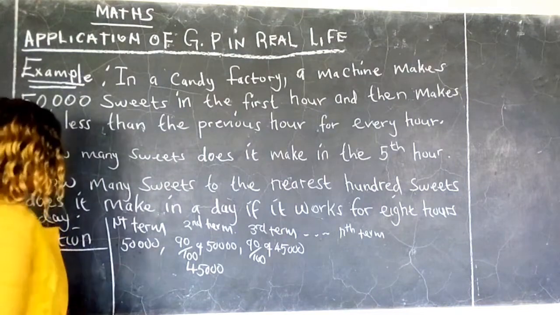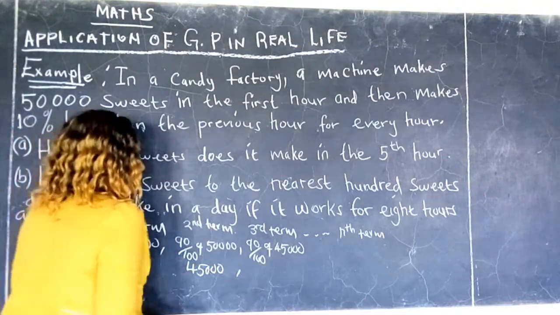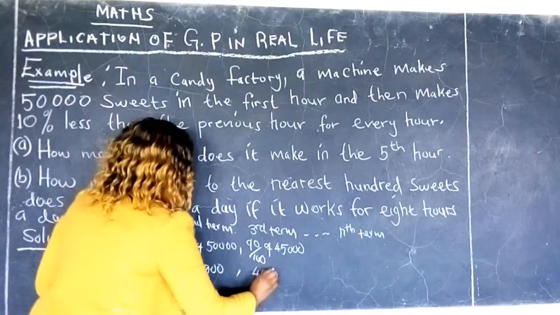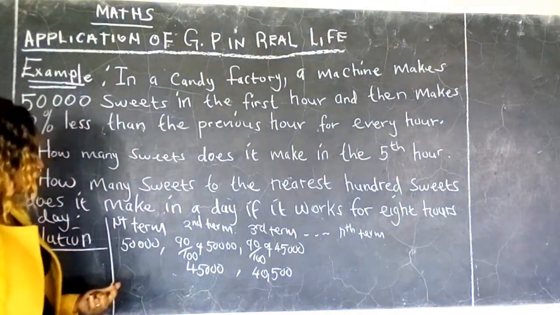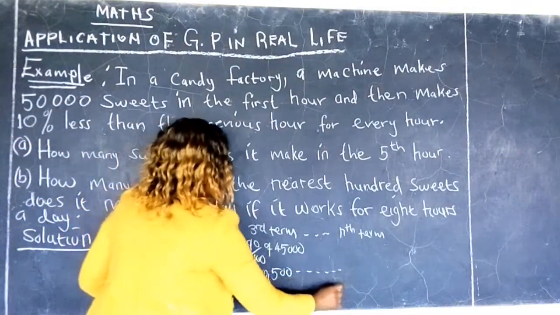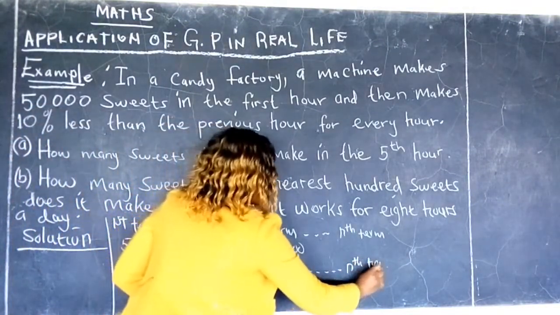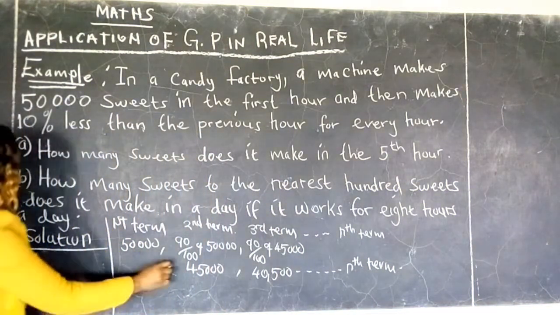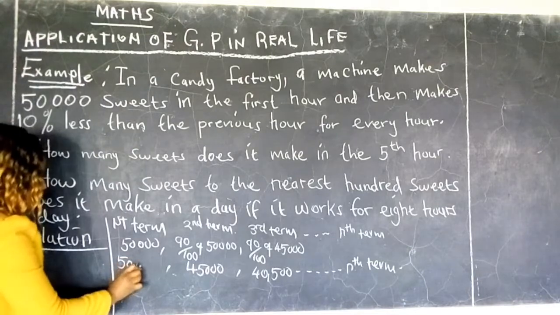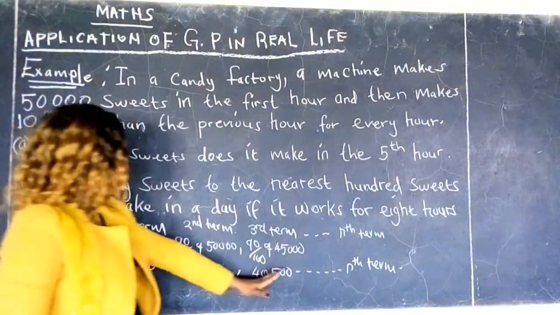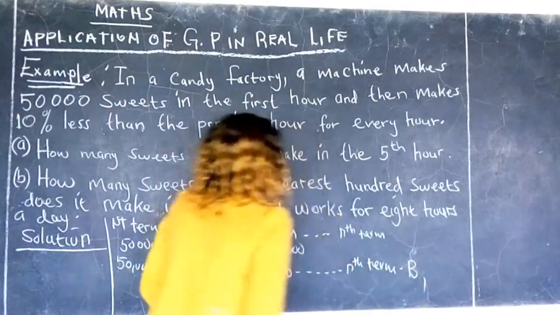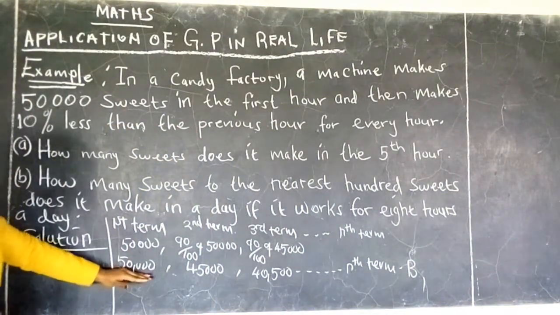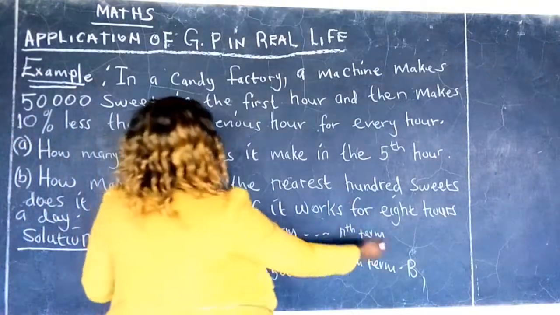And when we get 90% of 45,000, we shall get 40,500 if you do some calculation, all the way to the end term. So we can drop this first term over here. So this one, at this point, you get your mark, because now we have the first, the second, the third, up to the end term.